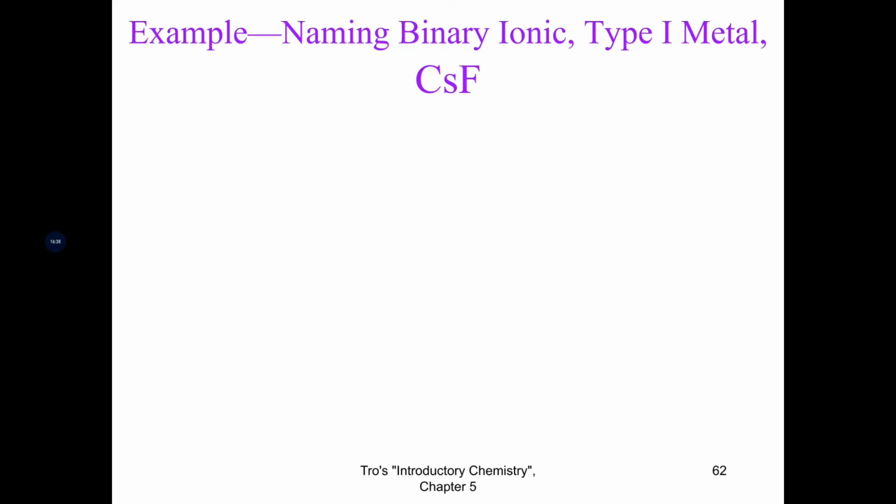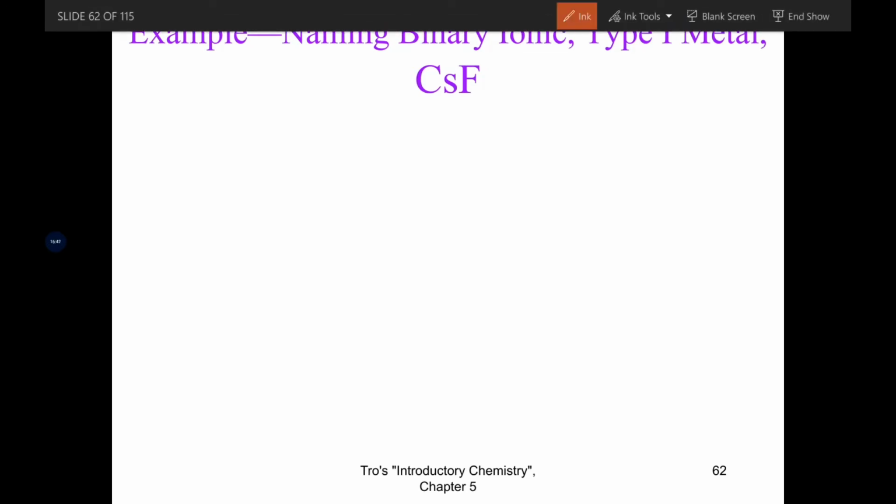Okay, for example, let's take a look at CsF. First we determine cesium is a type 1 cation. We don't have a polyatomic ion, we have a monoatomic ion for this. So this will be fluoride.